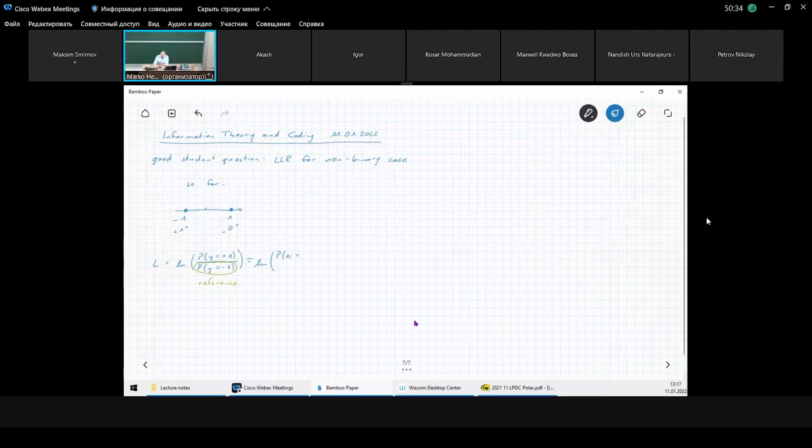If we map it to bit values, we map the +1 to 0 bit or -1 to 1 bit. Well, it's equivalent in terms of the probability. It's just mapped to some different values.